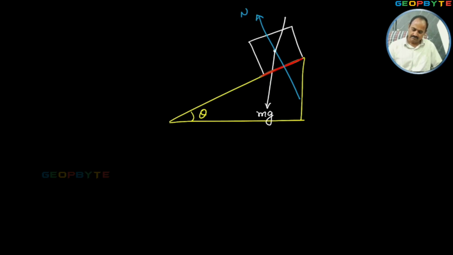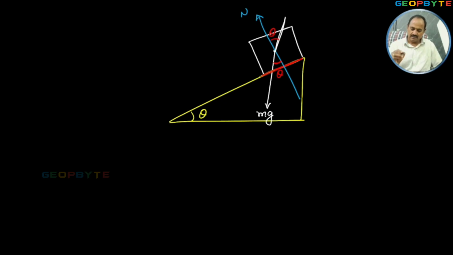If I project the vertical line, now this normal reaction is making an angle theta, because the self weight is acting at an angle theta with respect to the normal direction.